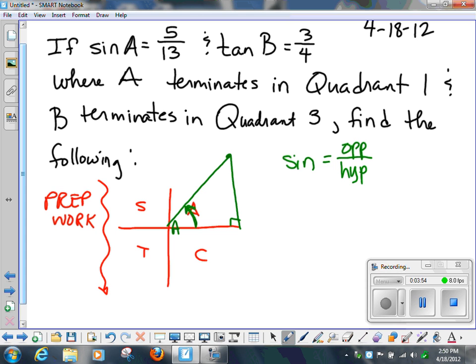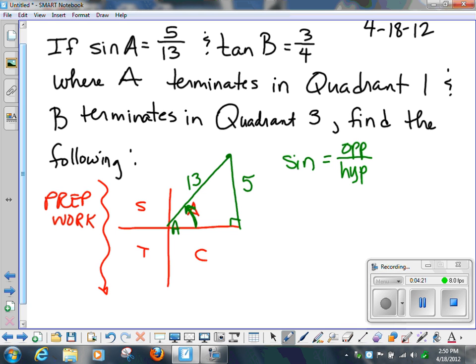So with respect to angle A, its opposite side is the upright side of that triangle. That's the opposite. So that means the opposite is 5. The hypotenuse is 13, and the hypotenuse is always across from the right angle.